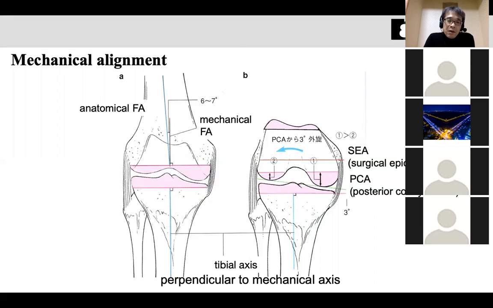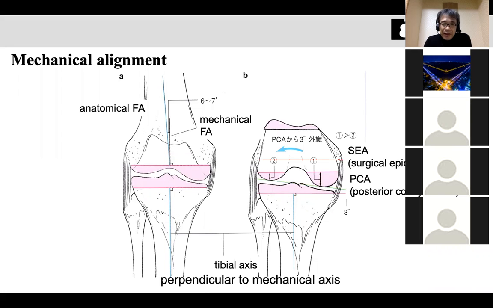But intraoperatively, you will feel the thickness of the medial side and the lateral side is virtually the same, and in some cases the lateral side is thicker than the medial side.